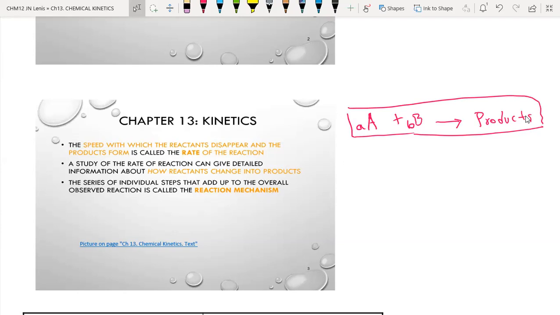In the previous chapter, we described the products as C and D. This time I'm not writing those, I'm just writing products because really we are going to focus more on reactives here, describing the properties of A and B. You will understand that as I go through the chapter and I explain a little bit more later.